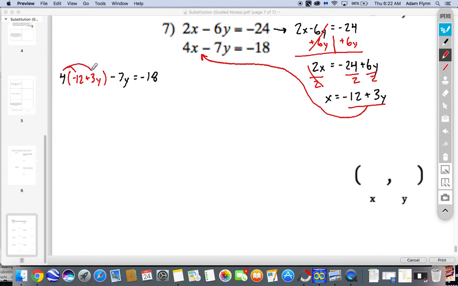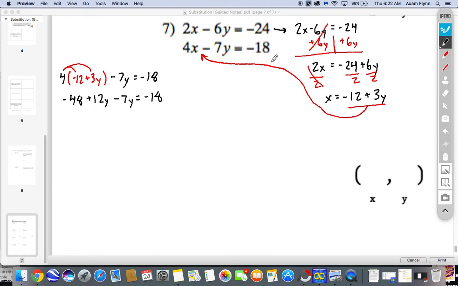Distribute the 4 to get rid of the parentheses. So I get negative 48 plus 12y minus 7y equals negative 18.